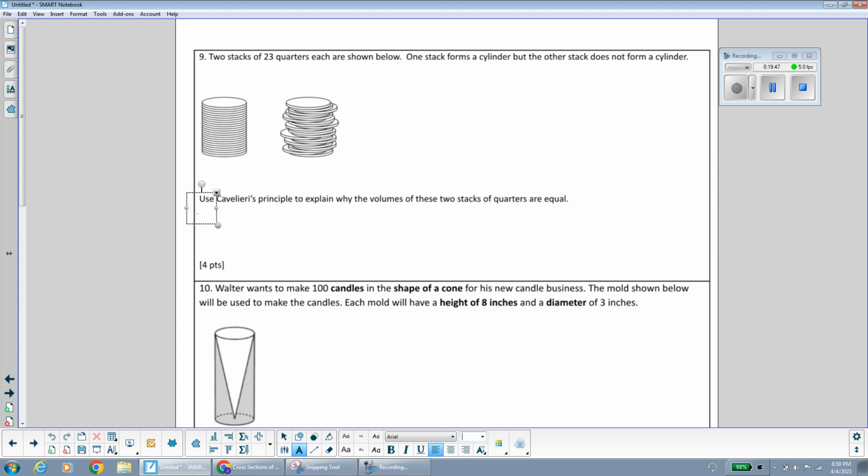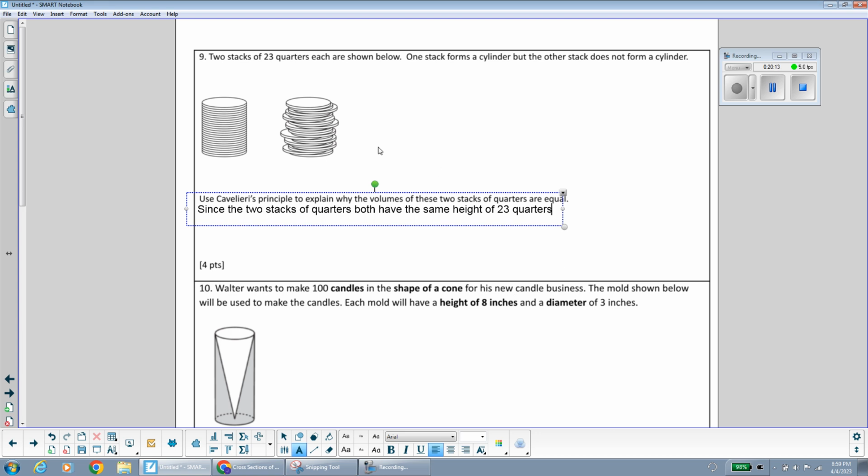It should have information from the question in it. So I'm going to write here: since the two stacks of quarters both have the same height of 23 quarters, I'm being specific to the question.